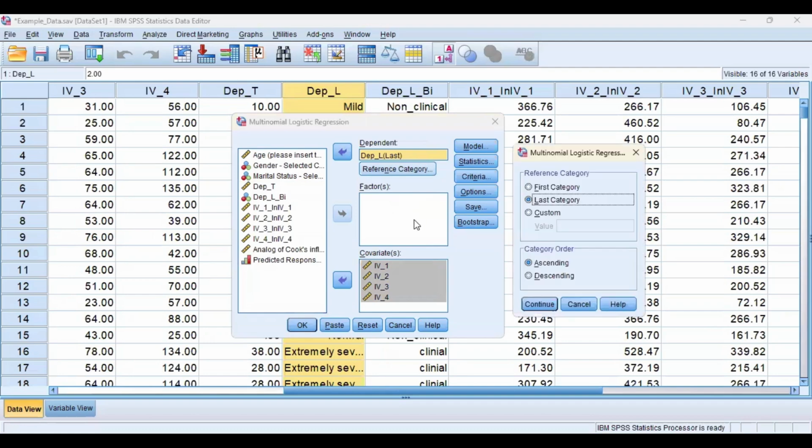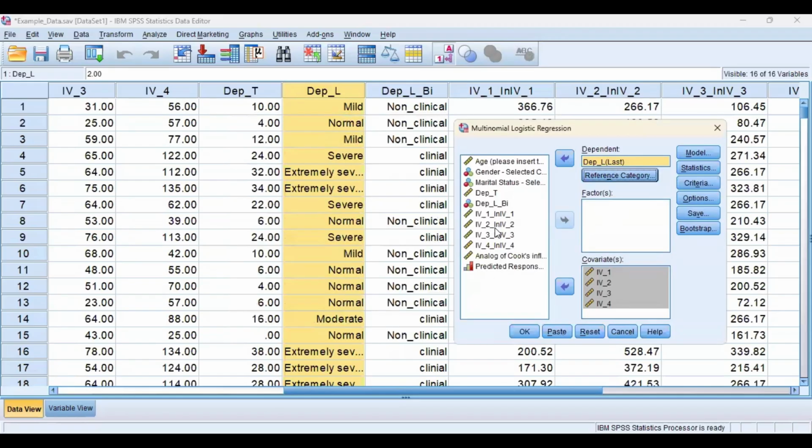The reference category is that when you run a multinomial logistic regression, it will compare the effects of each of your IVs for different levels of your DV. Let me show that based on here.